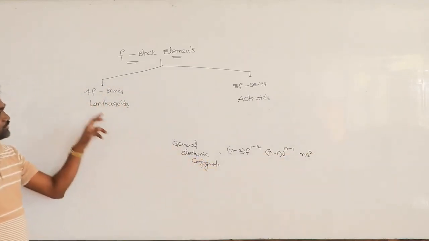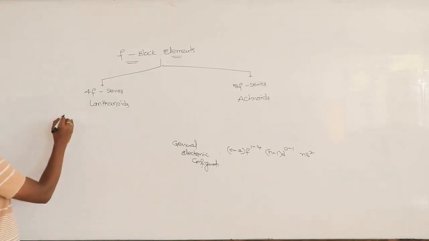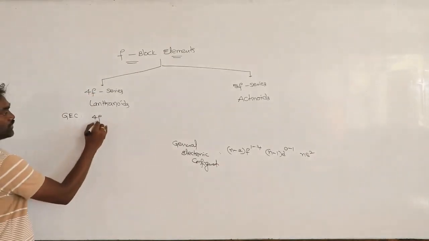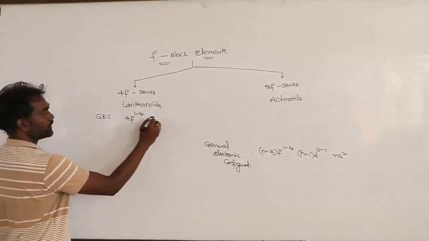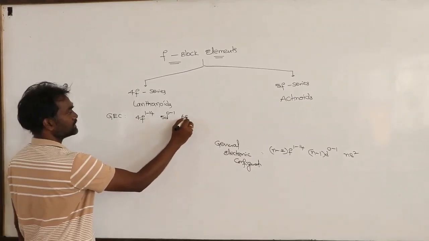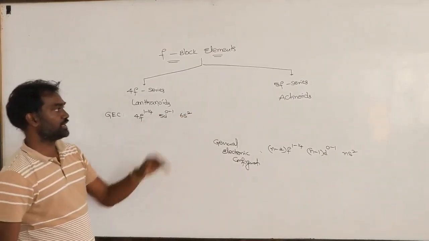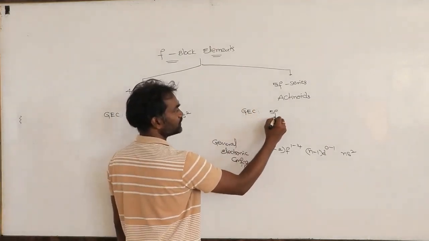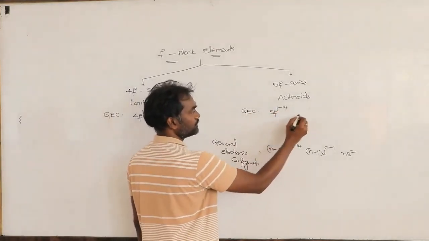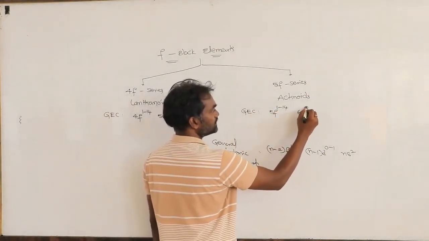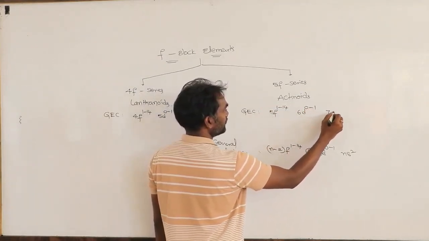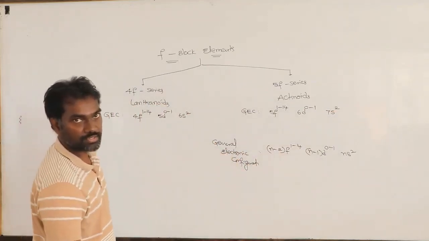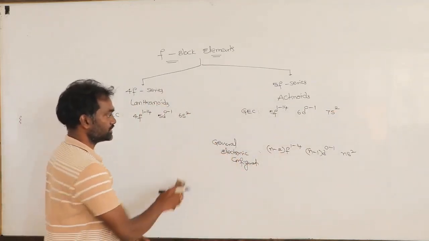Suppose you apply the same thing for lanthanides: the general electronic configuration is 4f 1 to 14, 5d 0 to 1, 6s2. For actinoids also, the general electronic configuration is 5f 1 to 14, 6d 0 to 1, 7s2. Now we will discuss what the lanthanide and actinoid elements are.